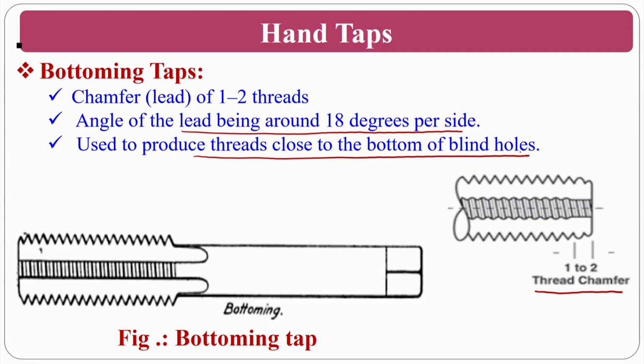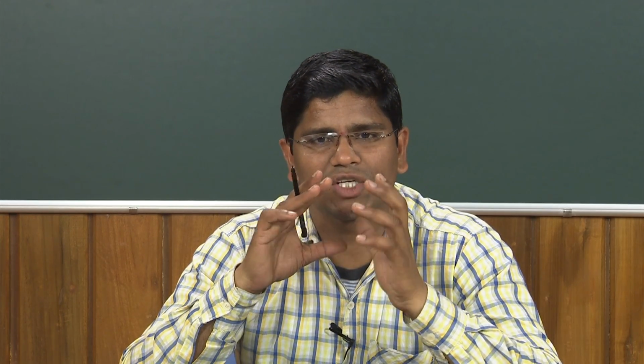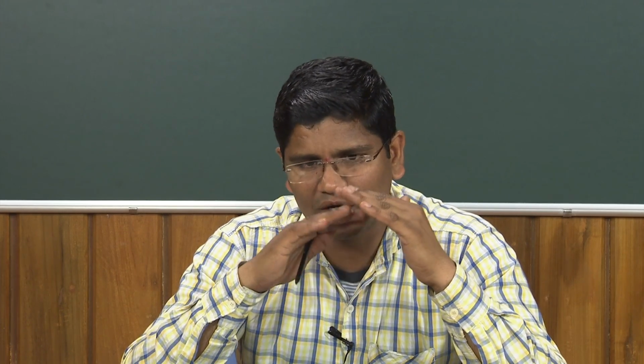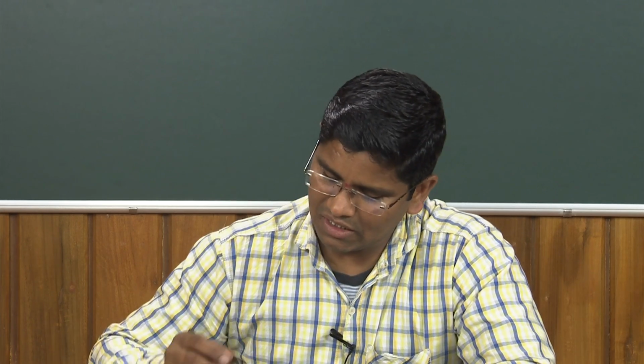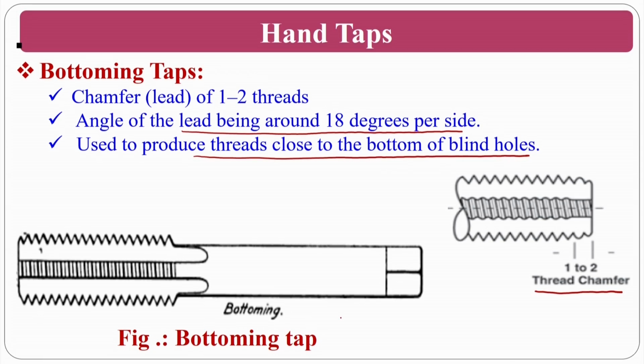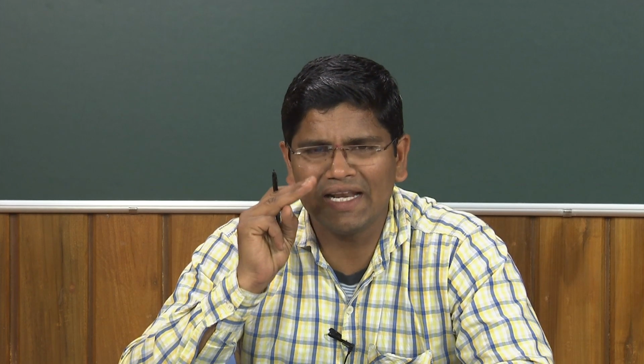If I want to generate perfect threads across the cross section of the workpiece, that means I want through threads in the workpiece completely, in that circumstance I have to use all of these. First the taper, then the plug, then the bottoming tap, so that you will get a perfect throughout M10. That means it will have M10 threads generated. This is about the 3 varieties in a tap set: taper, plug and bottoming taps.